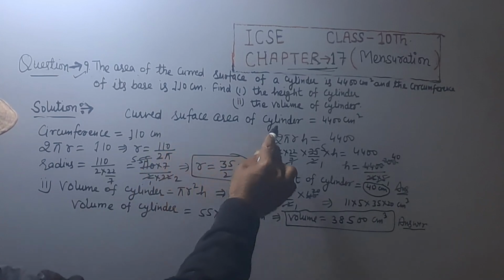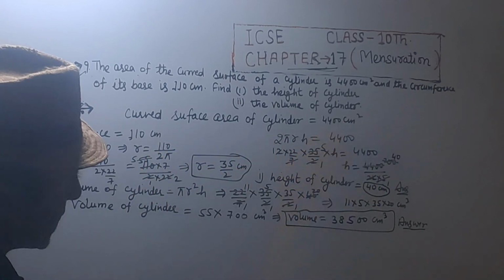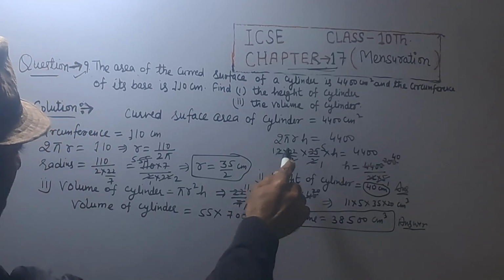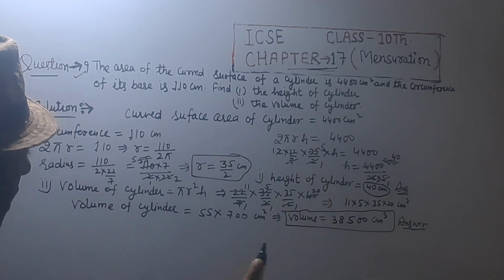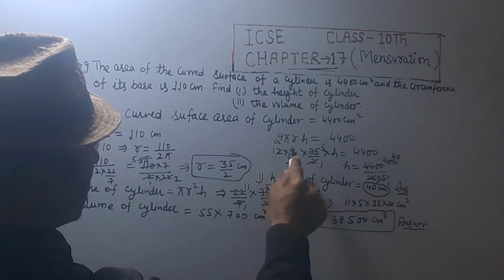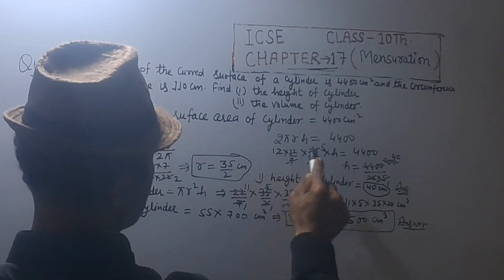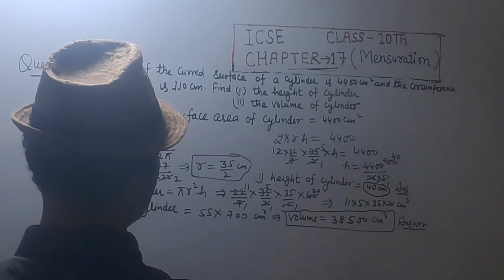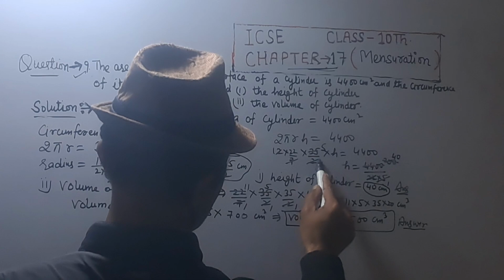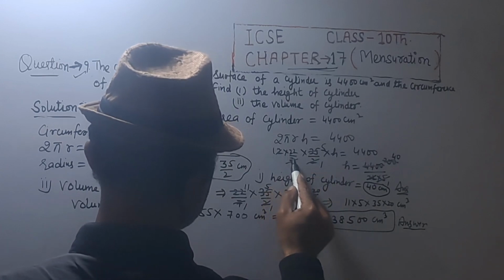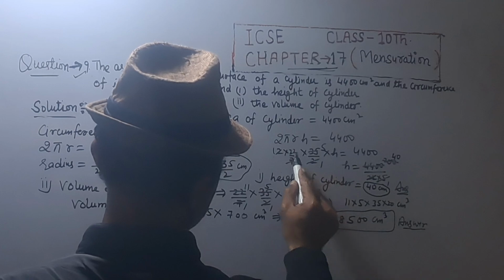Curved surface area of cylinder is 4400 centimeter square. Curved surface area equal to 2 pi r h equal to 4400. 2 into 22 upon 7 into 35 upon 2 into h equal to 4400. 2 is cancelled. 7 1s are 7, 7 5s are 35.